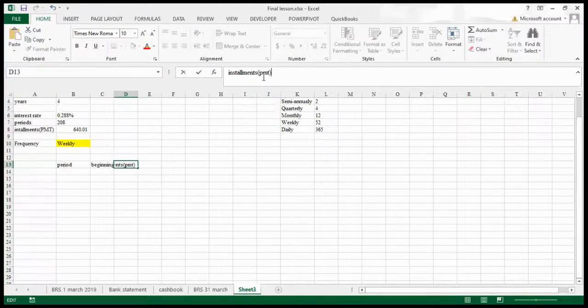Let's have the interest amount, in bracket IPMT.